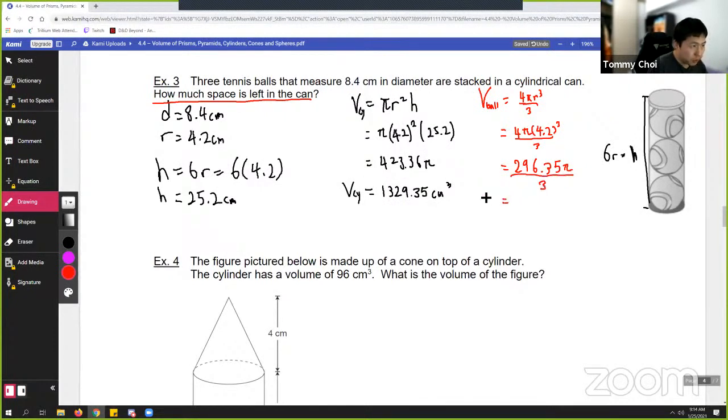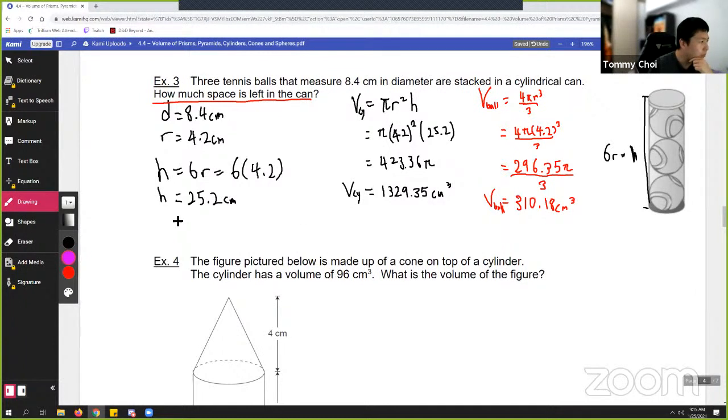All divided by 3. We can do all that math here at once, right? So 296.35 times 3.14 divided by 3. That gives me 310.18 centimeters cubed. Okay? So there's our second step.